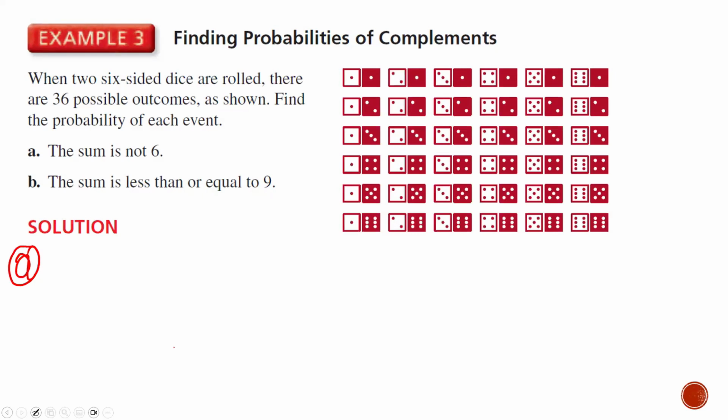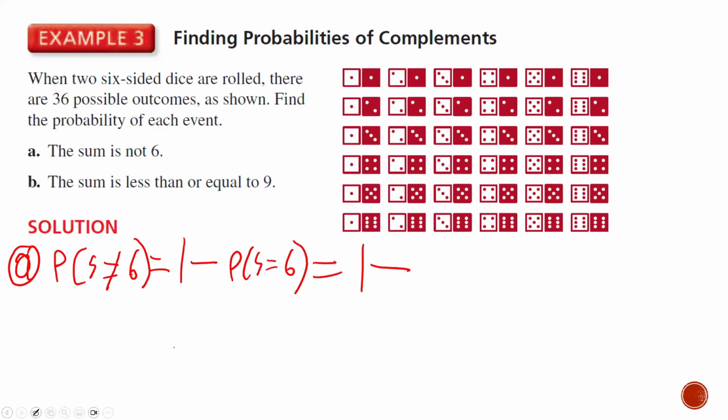But this is the complement of an event. I'm trying to find the probability that the sum is not equal to 6. What's the opposite of the sum not equaling 6? If I can find that probability and subtract it from 1, that'll be faster.